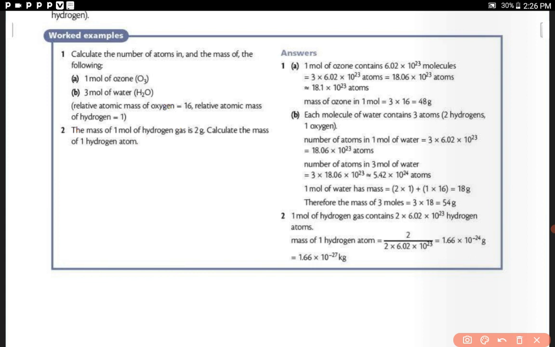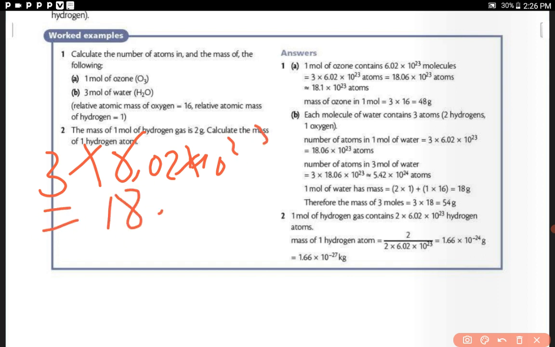Now we are calculating the number of atoms in 1 mole of water. That should be 3 times the Avogadro number, 6.02 times 10 to the 23rd. This should give us 18.1 times 10 to the 23rd atoms.